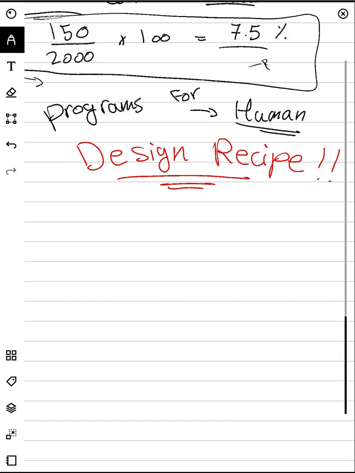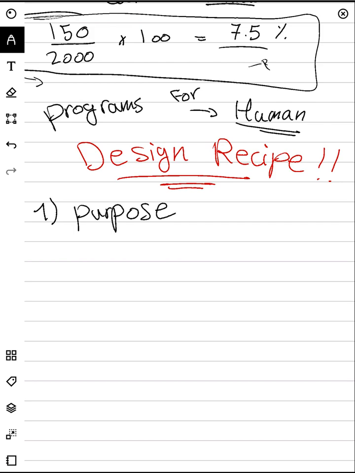The very first thing that you must do in the design recipe is the purpose statement. Now, the purpose statement isn't just writing the name as a sentence. It needs to convey information that's more than just the method name.